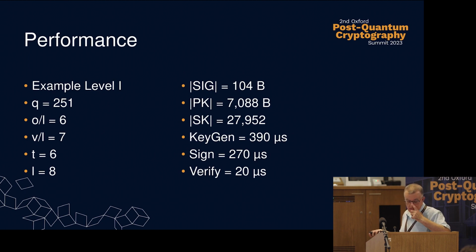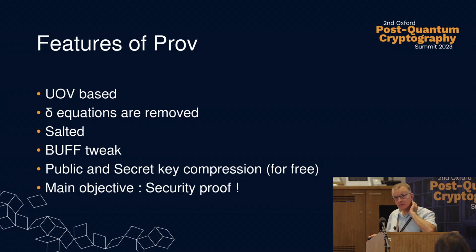Okay, but still, VOX is new. It's young, so it may take time to scrutinize it. So next, PROV. PROV was also proposed at the NIST competition by the same team, as I told.